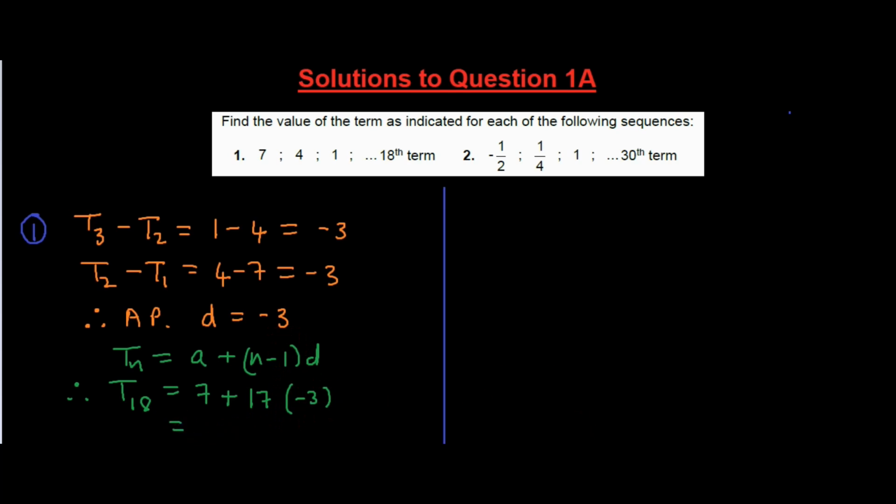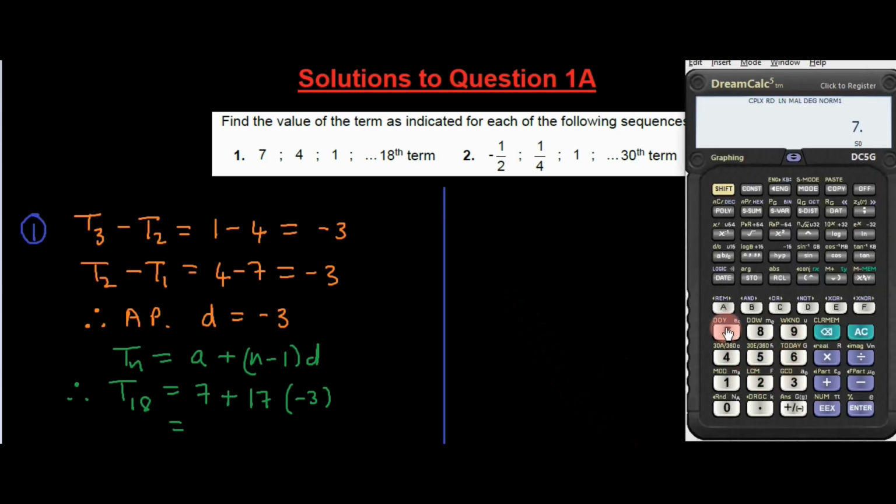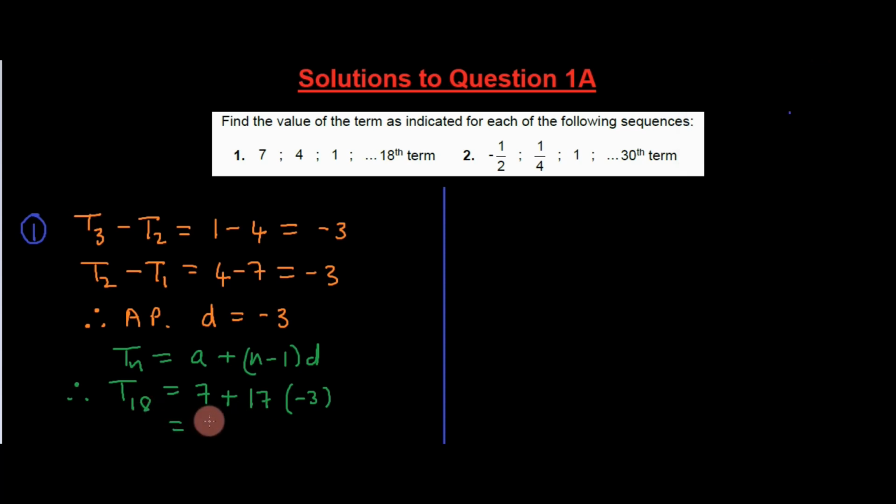We can use a calculator. So let's see, 7 plus 17 times negative 3. And we get an answer of negative 44. So the value of the 18th term is negative 44.